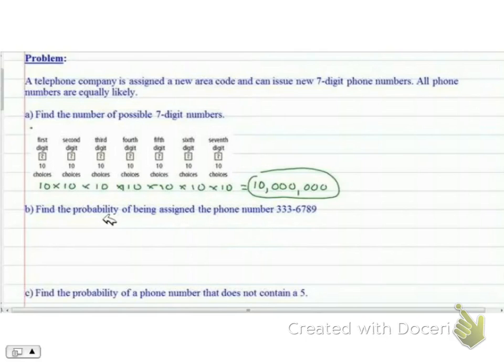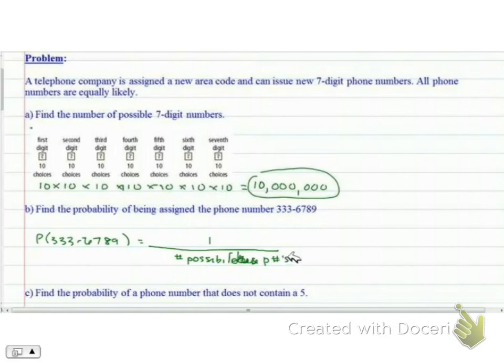So the probability of the phone number 333-6789 equals our one possibility, because this is so unique, over the number of possible phone numbers.